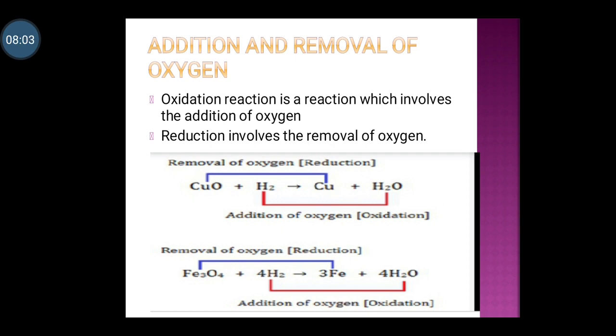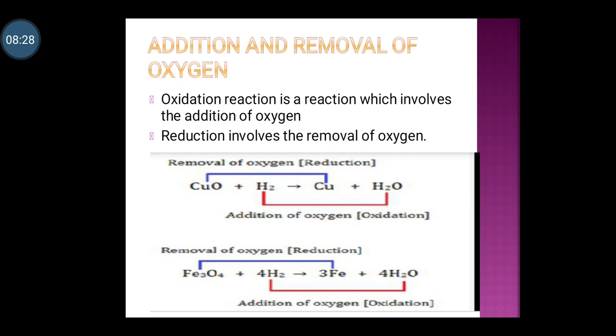Now the red line is having hydrogen to water. Hydrogen at the end of the reaction is having oxygen. That means oxygen was added, and from our definition, that is oxidation. The same thing applies to the second equation or reaction.